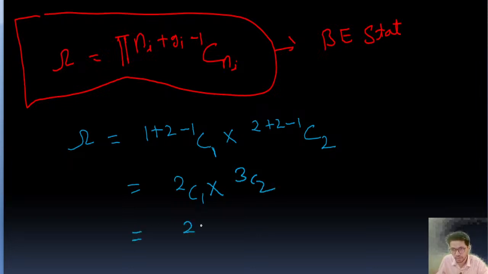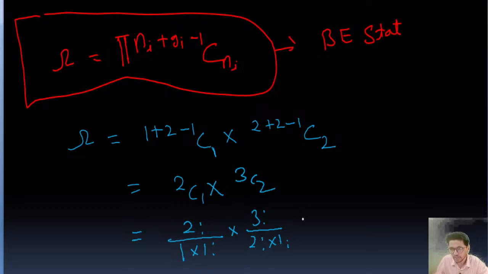So this is going to be 2 factorial upon 1 into 1 factorial, 2 minus 1, right? This simple calculation into 3 factorial upon 2 factorial into 3 minus 2 means 1 factorial, right?